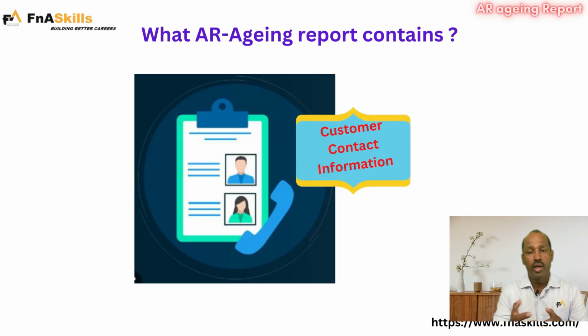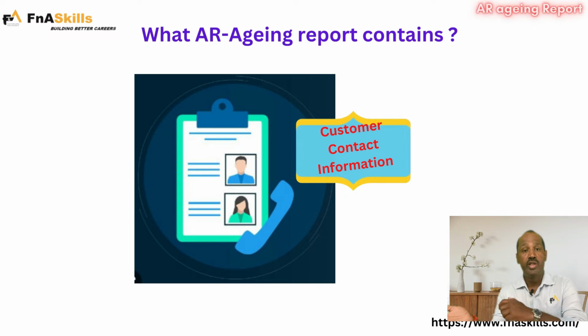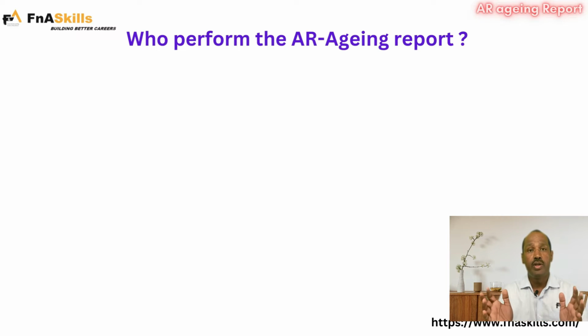Last but not least, customer information: the contact number, the email address, or a single point of contact on the customer side, which could be the accounts payable team, the sales team, or the purchase team. Who is the point of contact responsible for making the payment? These are some critical elements in any aging report.